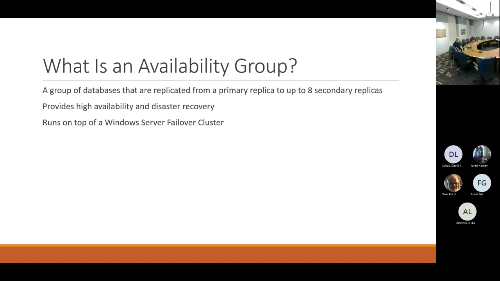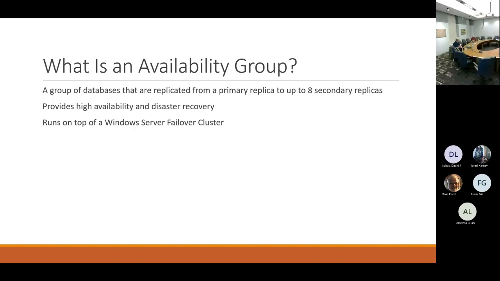If you're familiar with failover cluster instances, it is different than an FCI because with an FCI, it's failing over at the instance level. So everything in the instance, master, model, MSDB, that is all failing over along with all of the user databases.